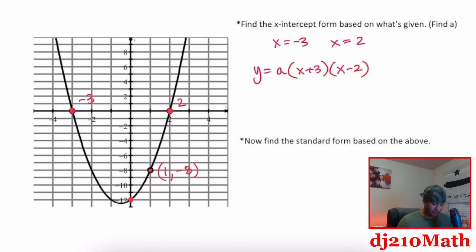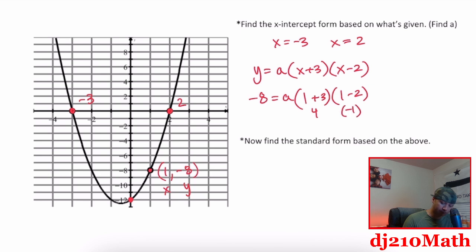So x is 1, y is -8. So -8 is equal to a times (1 plus 3) times (1 minus 2). 1 plus 3 is 4. 1 minus 2 is -1. Remember, all this is being multiplied together. Don't add these.